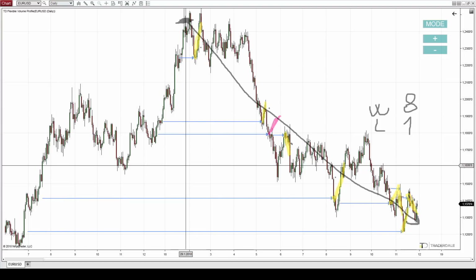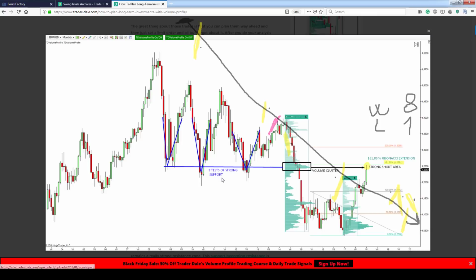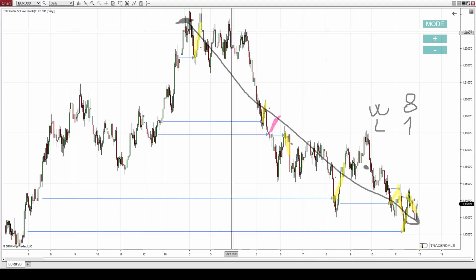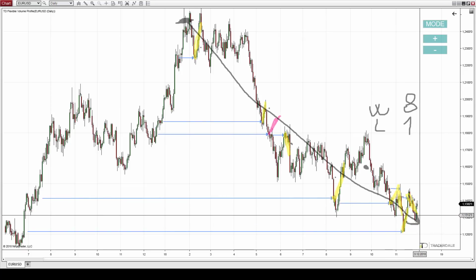And again, everybody was able to take the trade with me. This time it was on my webpage. It was for everybody to see. You see, this is the prediction I made. This is a monthly chart. This is where I predict the price will turn. And when we go back into the daily chart, this is the place I predicted, and this is the reaction.